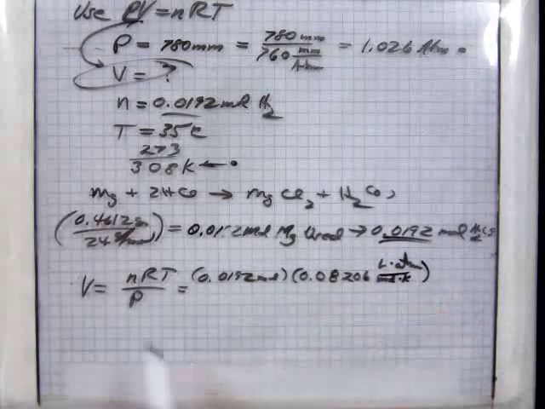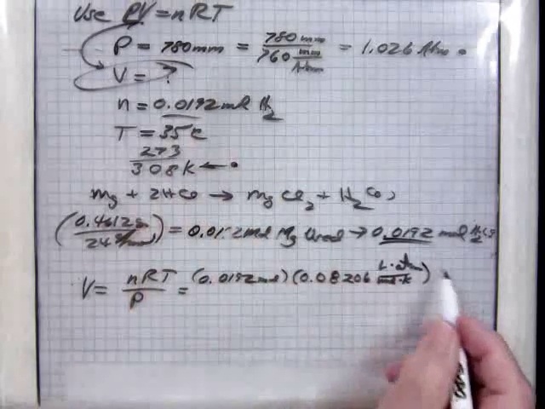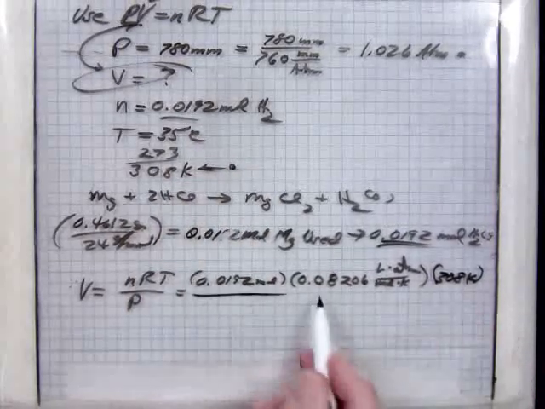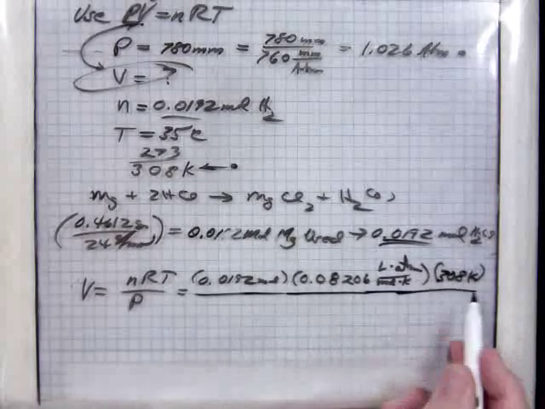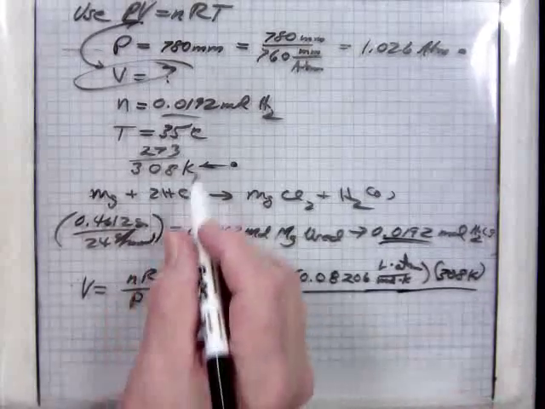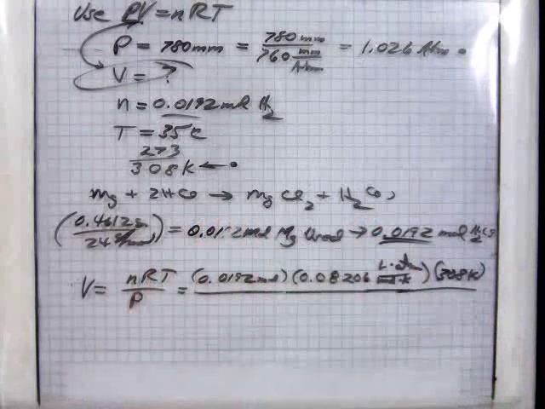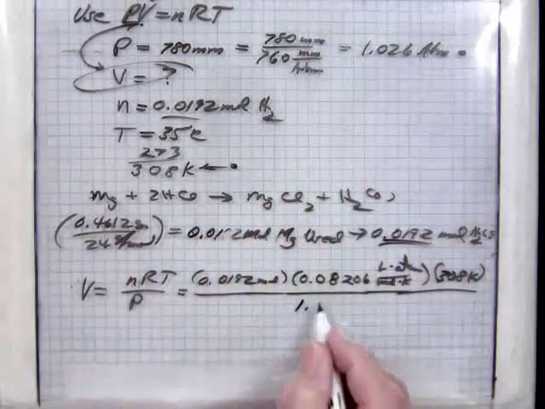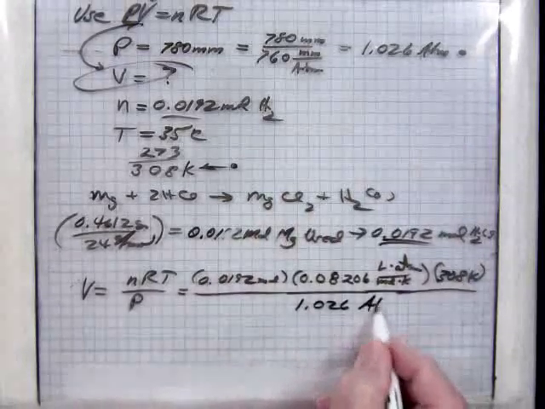Temperature is 308 Kelvin. And the pressure is 780 millimeters divided by 760, 1.026 atmospheres.